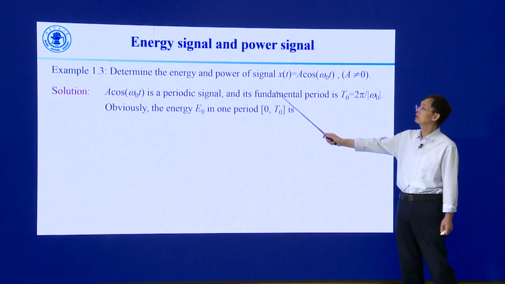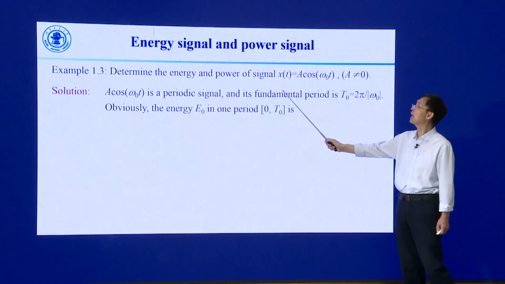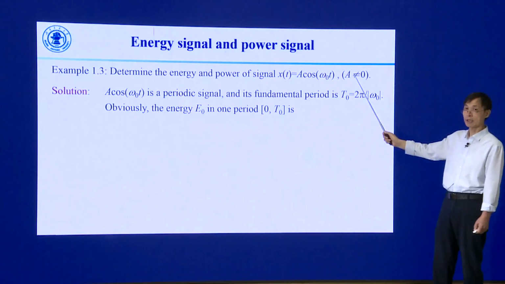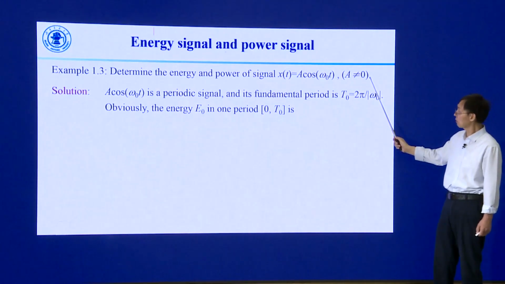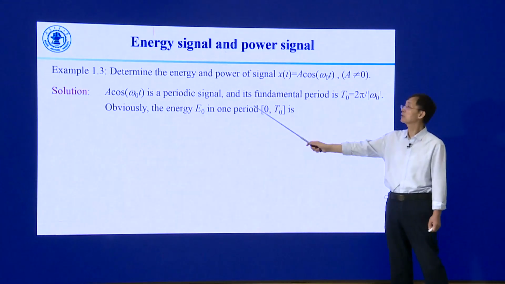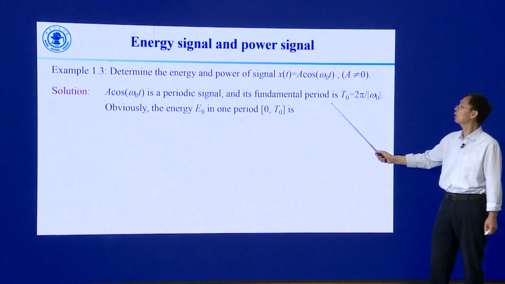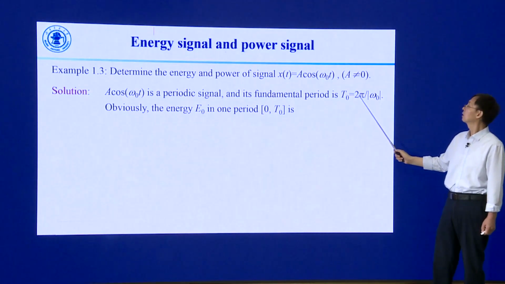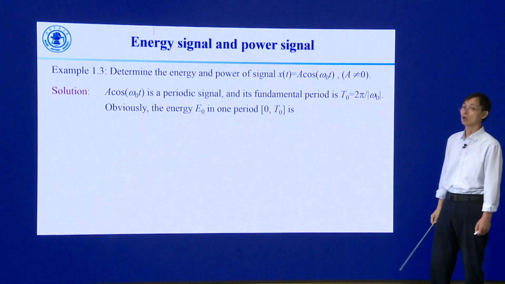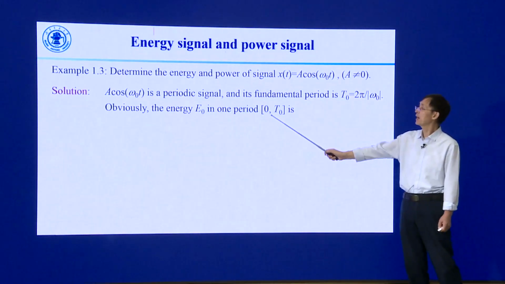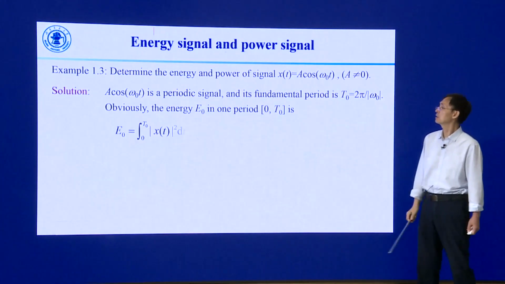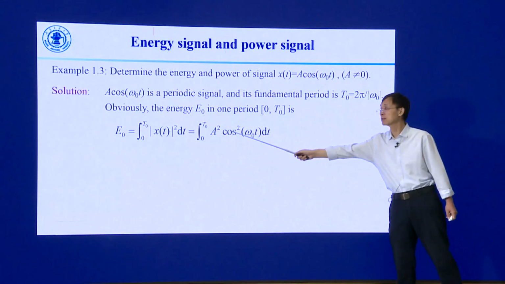For example, determine the energy and power of signal x of t. Here, A doesn't equal 0. This signal is a periodic signal, and its fundamental period is 2 pi over omega 0. Obviously, the energy E0 in one period is calculated in this equation.